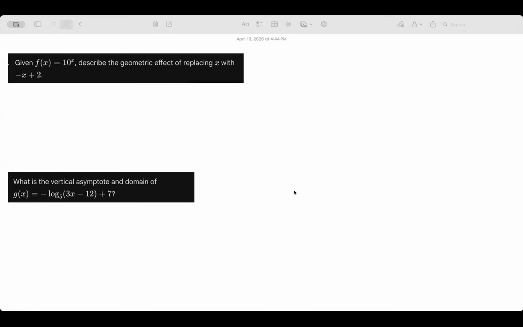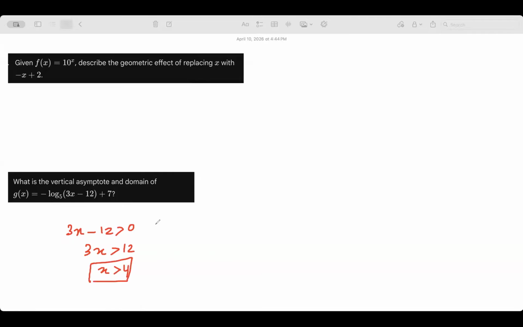So solving the second problem, let me go ahead and write it down here. Vertical asymptote is determined by this, right? 3x minus 12 is greater than or equal to 0. 3x is greater than 12, x is greater than 4.